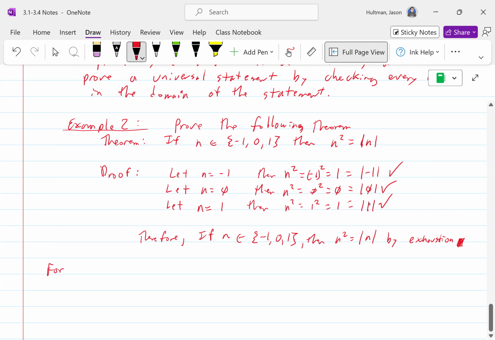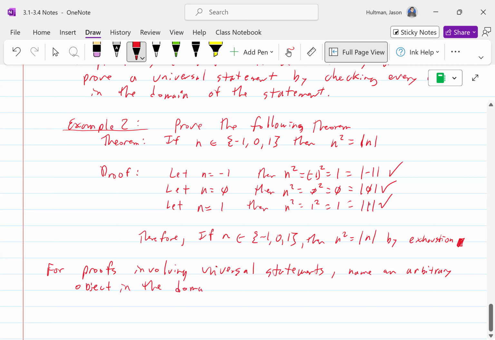Okay, for proofs involving universal statements, name an arbitrary object in the domain and we use that statement to begin the proof.